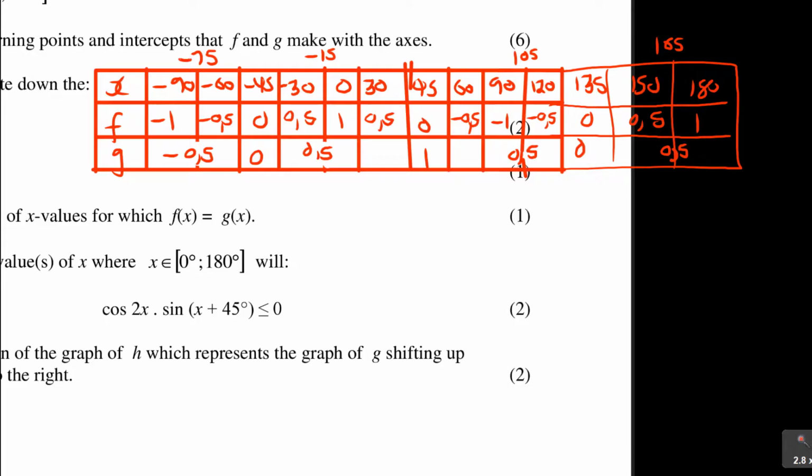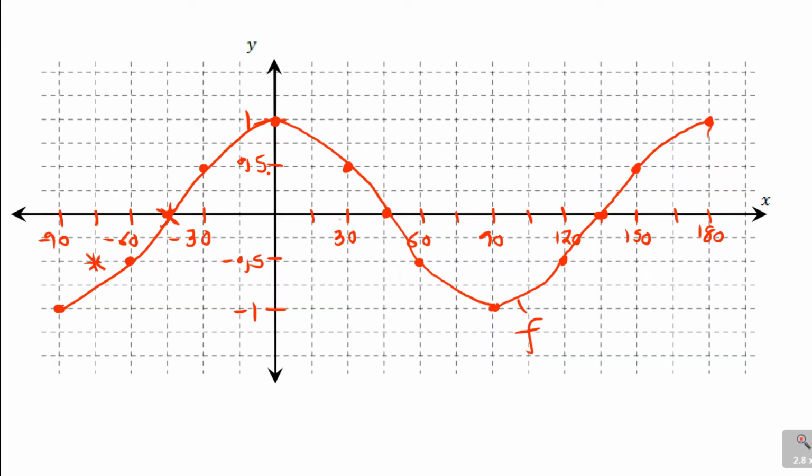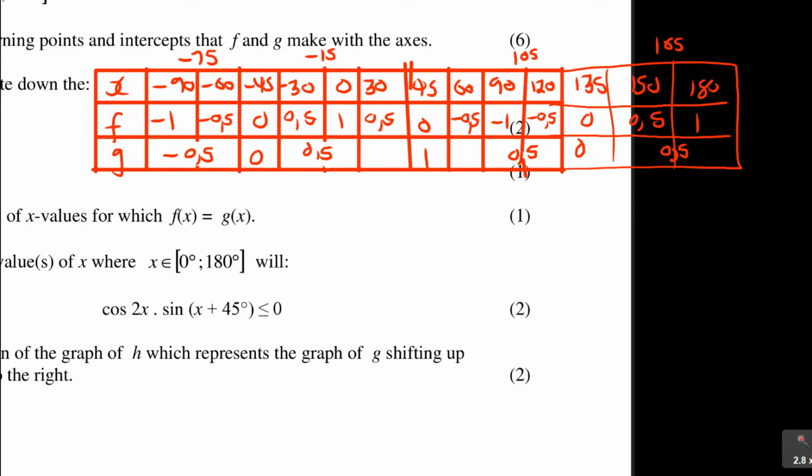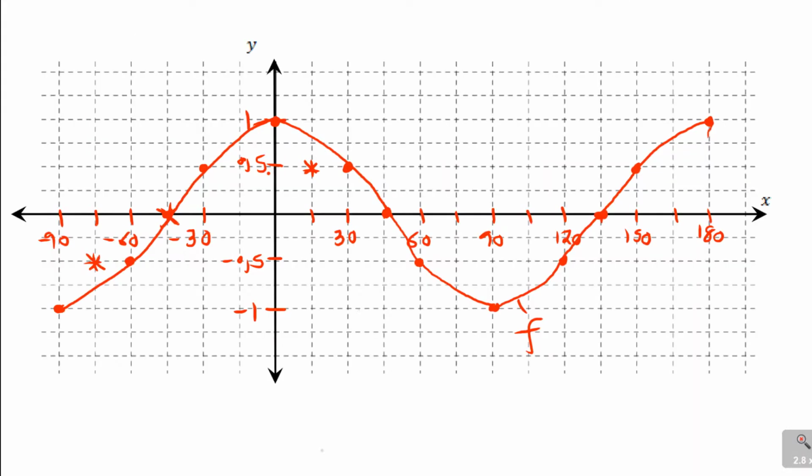Sorry, it's not that, it's negative 15 is 0.5. Negative 15 is 0.5 there. And then 45, 1.